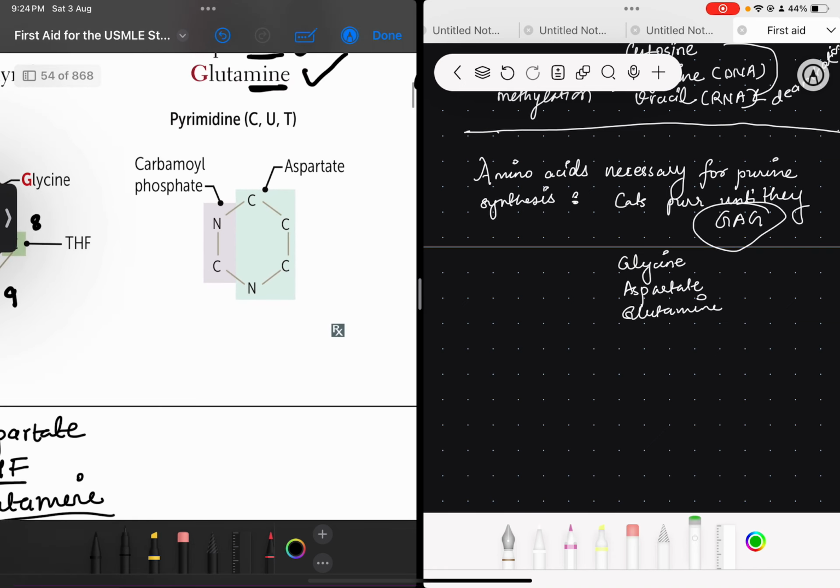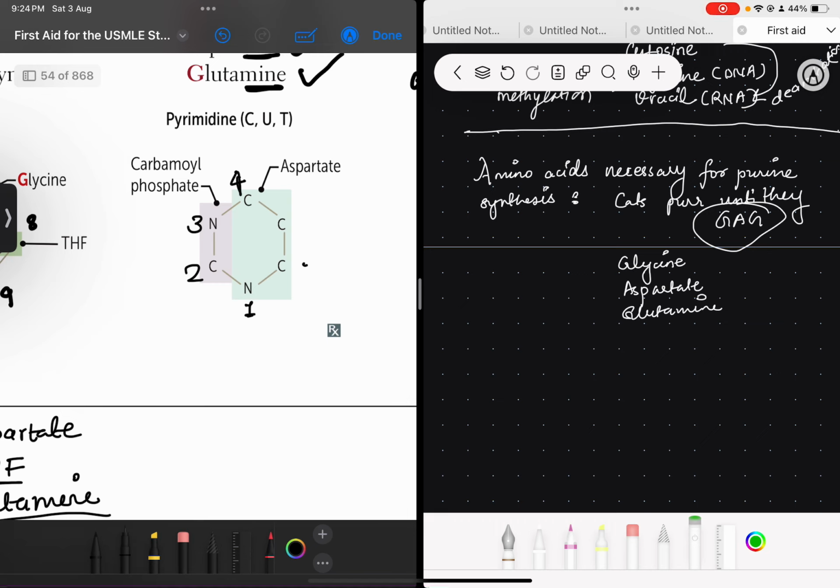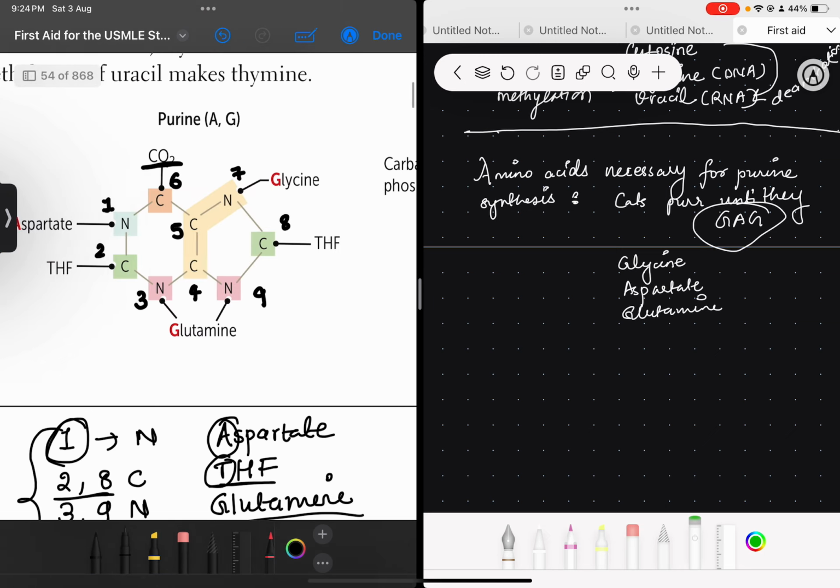Now about pyrimidine. So this is the first position, nitrogen, then 2, 3, 4, 5, 6. So it is actually clockwise naming.